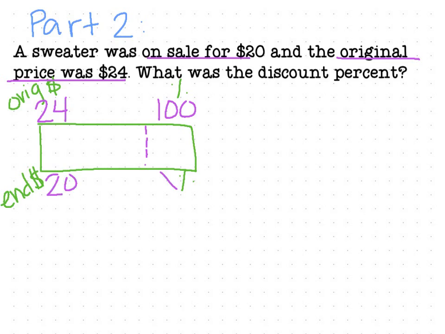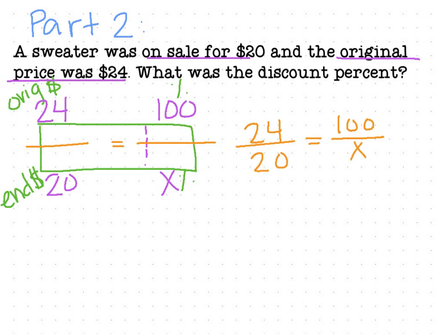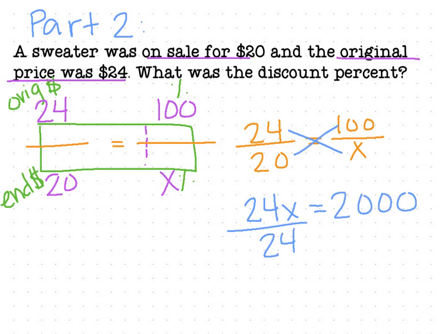And we're missing one piece of information, which is our ending percent. And we can go ahead and set up a proportion. Remember, we like bar model because it sets up the proportion for us. So we have 24 over 20 equals 100 over x. And we can cross multiply. 24x equals 20 times 100, 2, add 3 zeros, and then we will divide by 24.